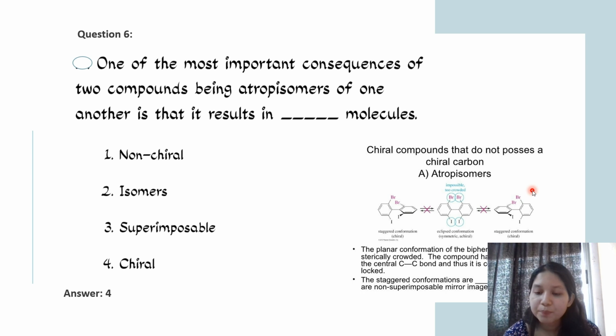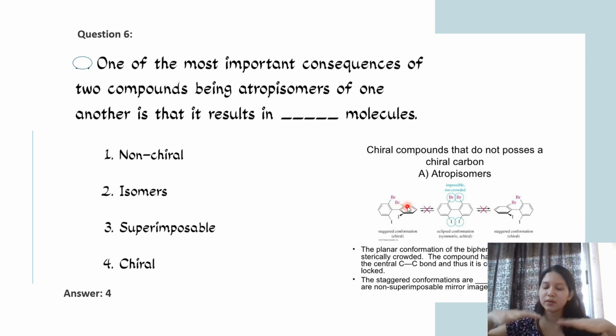If we recall the principles of isomerism, this phenomenon can be best explained by considering a biphenyl molecule, which will have substituents at the ortho positions, and the substituents in one ring must be different. So we have a biphenyl molecule here, and the planar conformation of this biphenyl is highly sterically crowded due to the presence of substituents at the ortho positions in both rings.